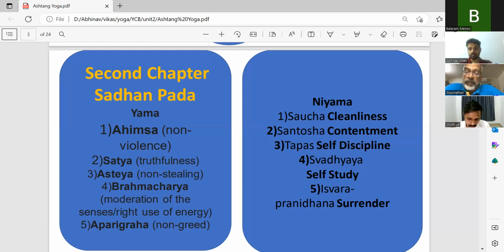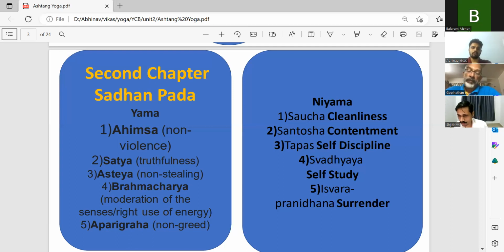Niyama: Saucha, Santosha, Tapas, Swadhyaya, Ishvara Pranidhanani Niyamaha. Saucha, cleanliness. Santosha, contentment. Tapas, self-discipline. Swadhyaya, self-education. Ishvara Pranidhana, surrender to God.